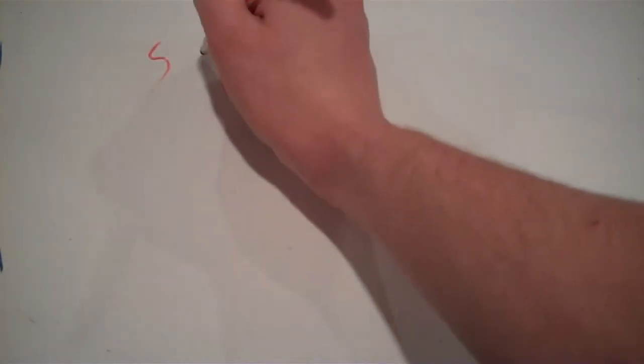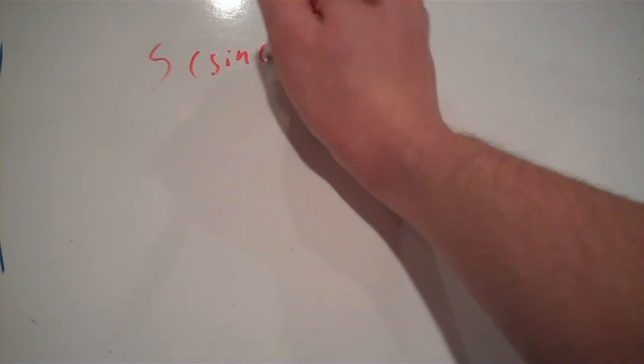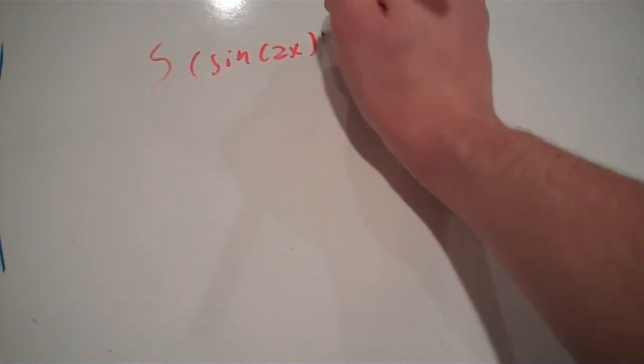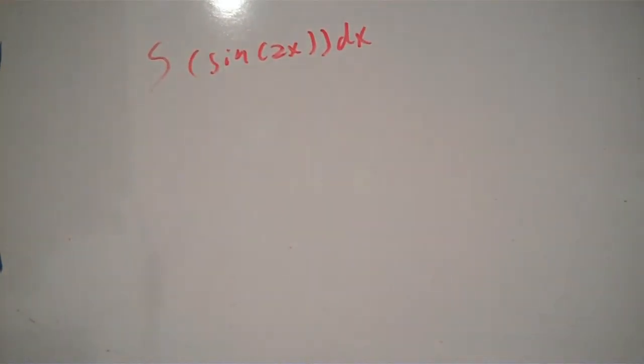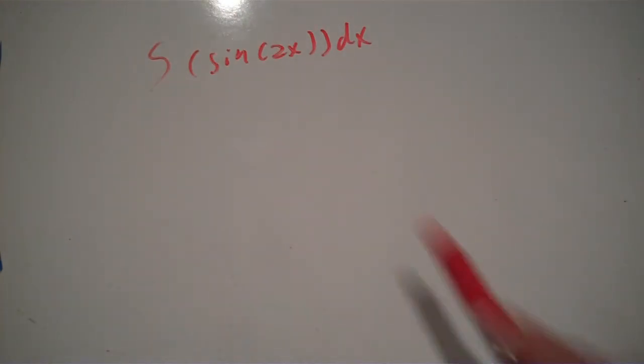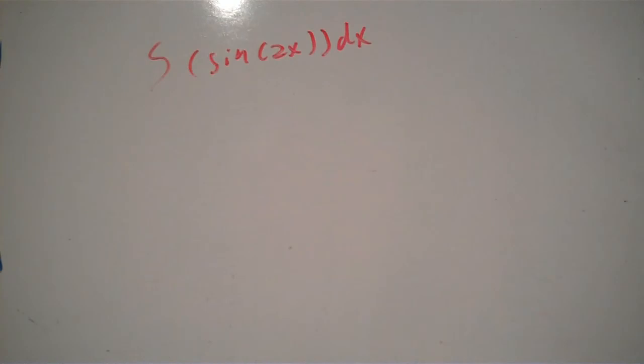Now, to explain U-Substitution, I'm going to have this integral, so we're going to integrate sine of 2x. Now, if this were a derivative, we would use the chain rule because there is a function inside of another function. However, for integrals, we do not have the chain rule. As I mentioned, we are using U-Substitution.